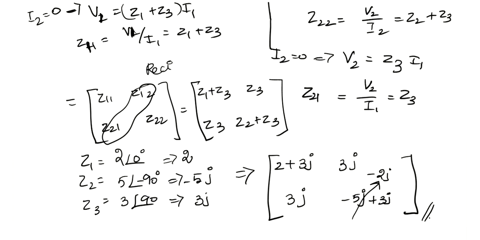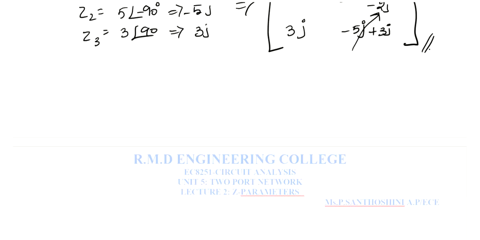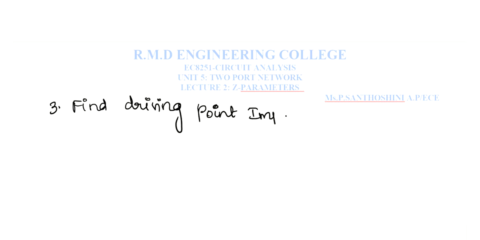Now move on to the third sum. Question is find driving point impedance. What does it indicate? From the previous two problems we see Z parameters, right? But here it is find driving point impedance.